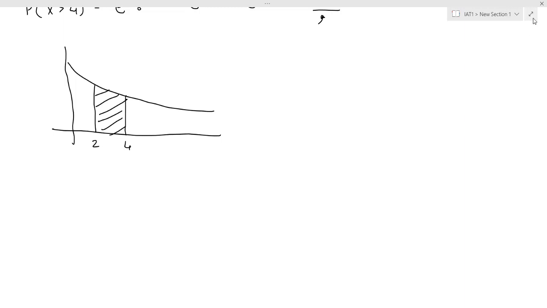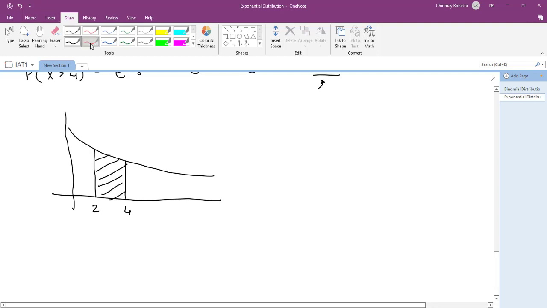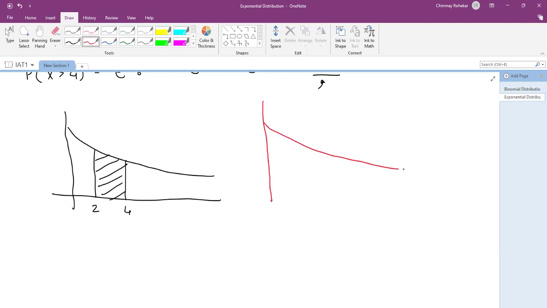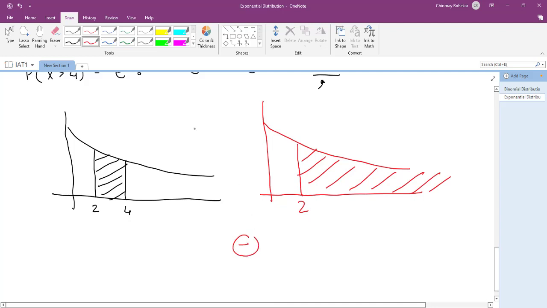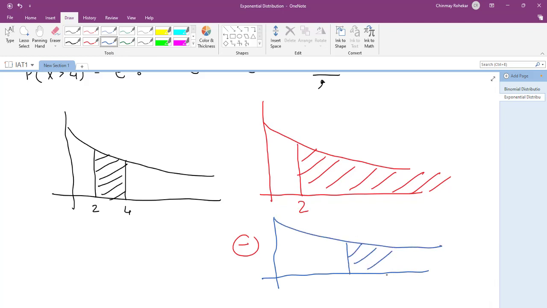So how can we calculate this? To calculate this, we can do two calculations. First, we are going to calculate the area from 2 minutes onwards, this full area. And then from this red color area, we will subtract the area from 4 minutes onwards, this blue color area.